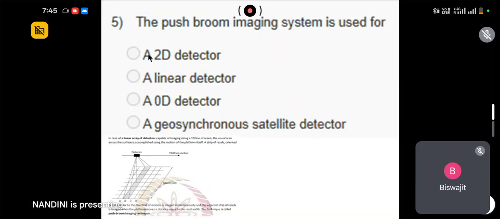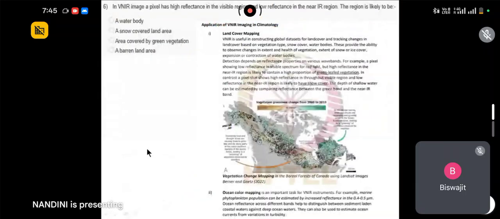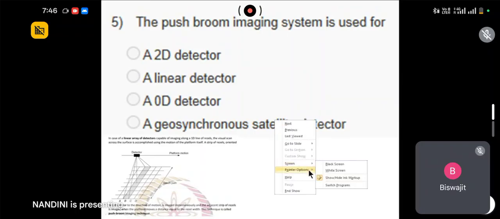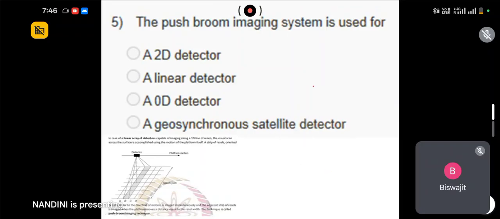So, what does it mean by a push broom? As we said, how does the satellite measure data over the surface? There are different techniques. Suppose we have a sensor on a satellite, and this is Earth.